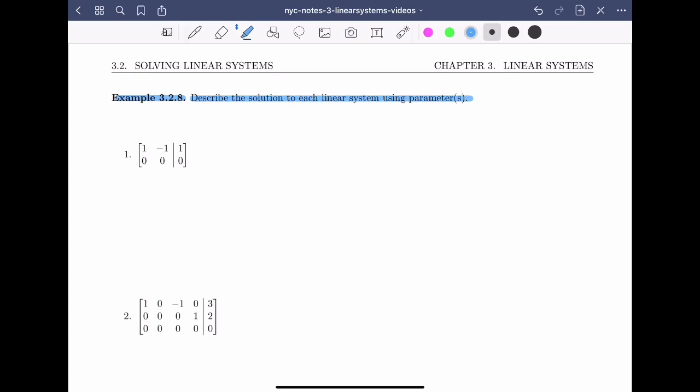Notice that in both parts 1 and 2, the augmented matrix of the linear system has already been reduced for us. In order to assign parameters, we need to remember the convention from last time.